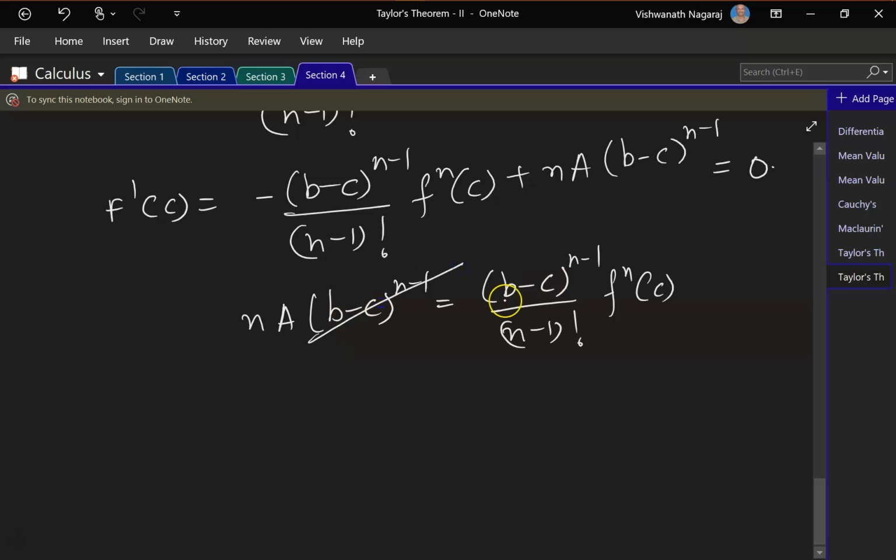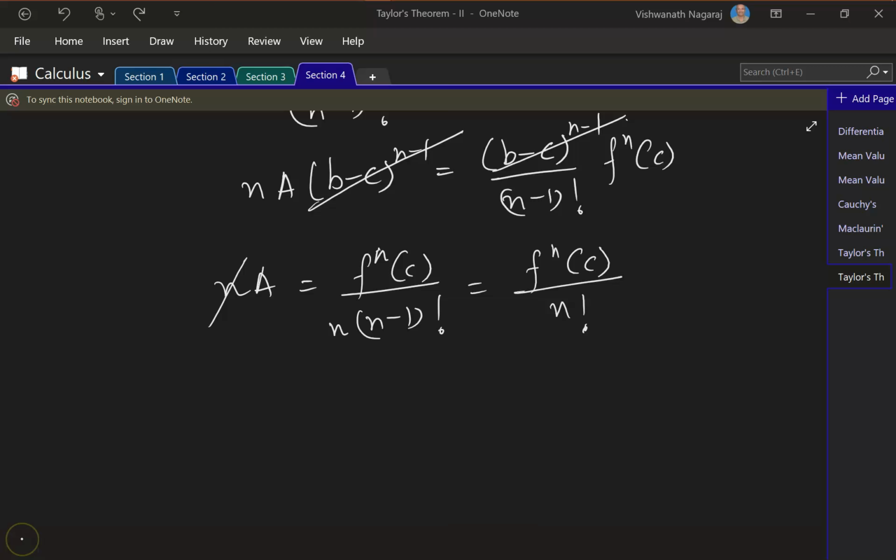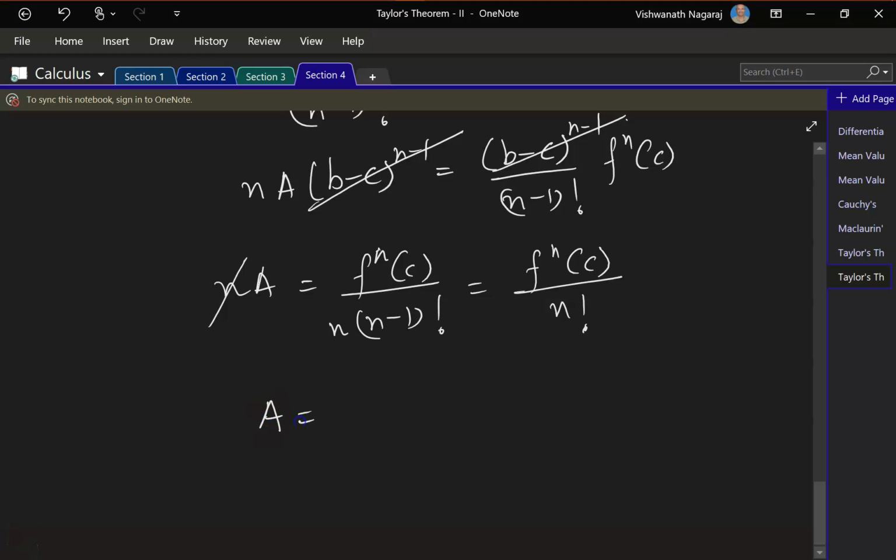Now this and this gets cancelled, so a becomes f nth derivative of c by n minus 1 factorial. Let's bring n to this side, so this becomes f n c by n factorial. So therefore a is equal to nth derivative of f at c by n factorial.